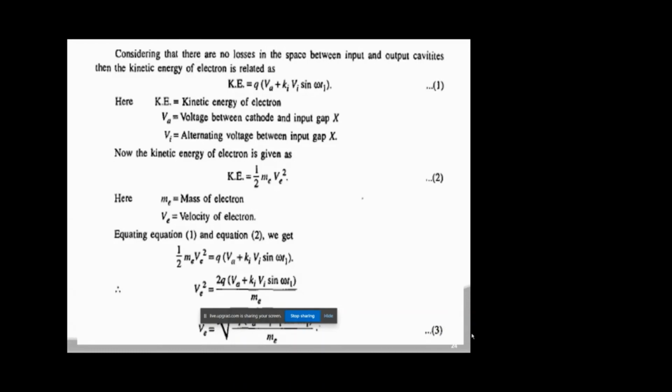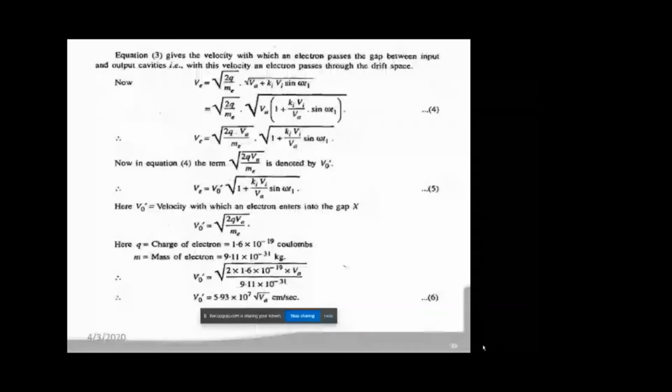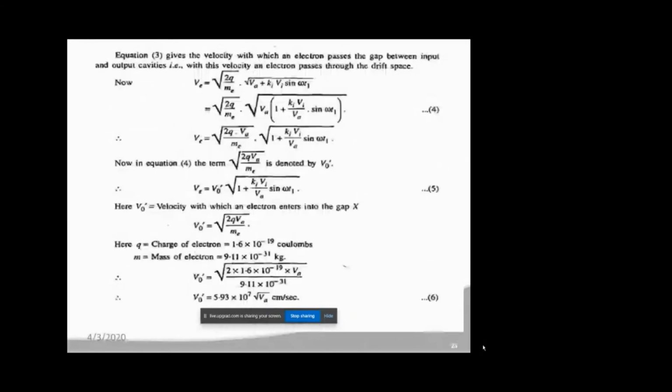Everybody got the v? The square root expression that comes here gives the velocity. This is the velocity with which the electron passes through the gap between the input and output cavities, and with this velocity the electron passes through the drift space.